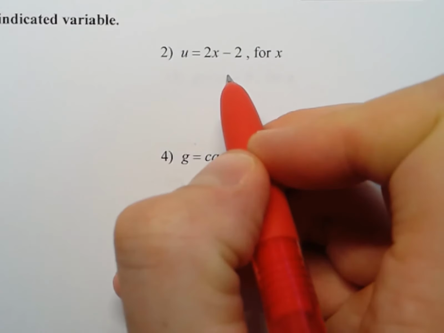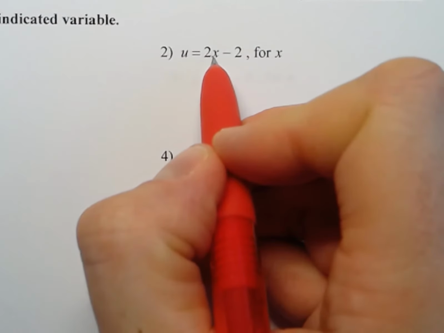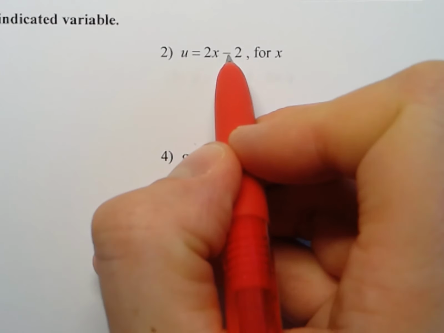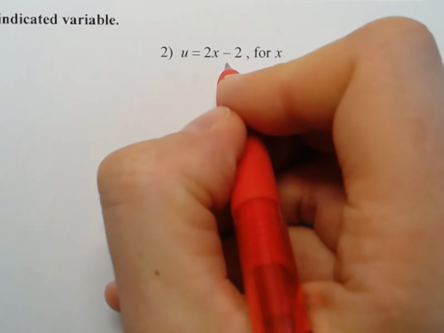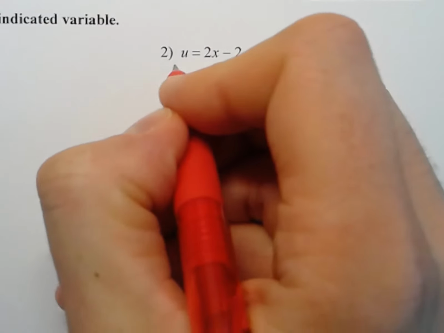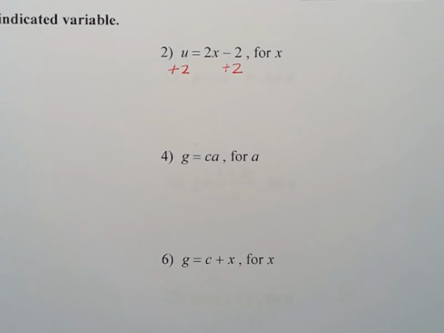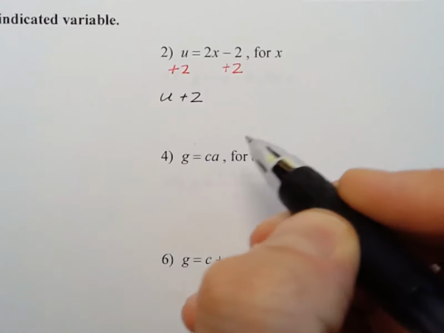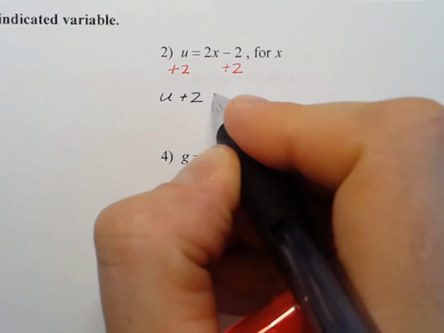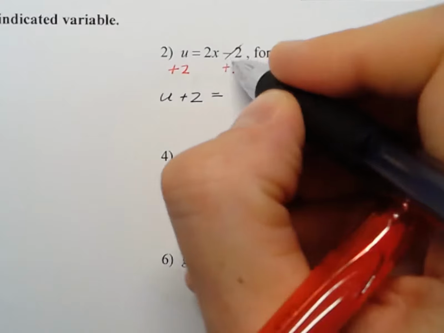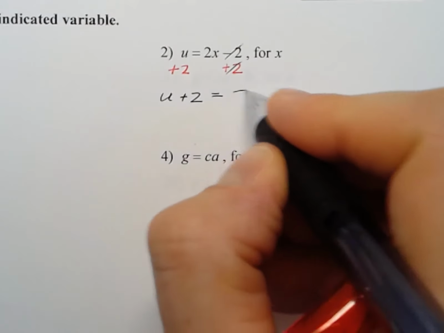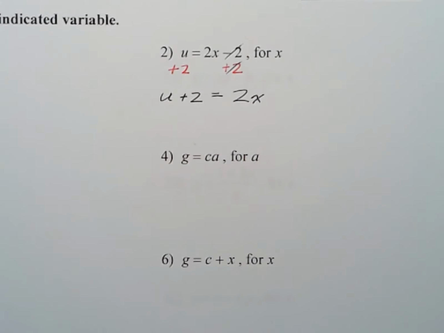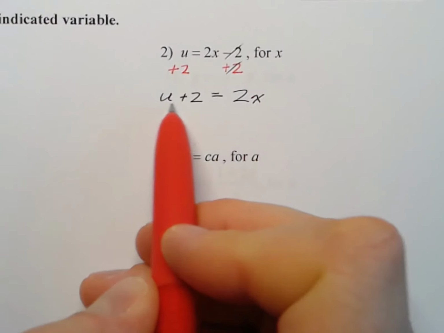So again, we're solving for x here. So x is being multiplied by 2 and then subtracted by 2. In order to undo that, we're going to add 2, right? Which gives us u plus 2 on the left equals 2x, and of course these go away right there. Now again, we're making this side more complicated.